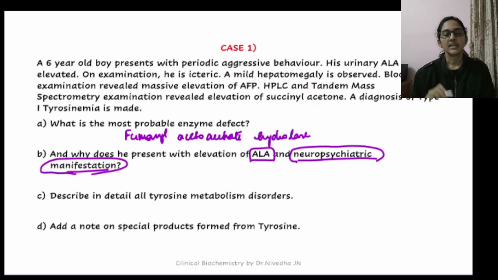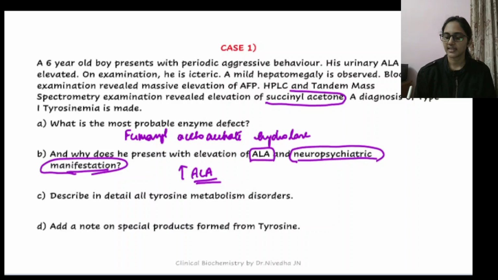Why? If ALA is elevated, what will happen? It causes neuro manifestations like anxiety and hallucinations. Psychiatric manifestations are more prominent with elevated levels of ALA, and that is because of accumulation of succinyl acetone.